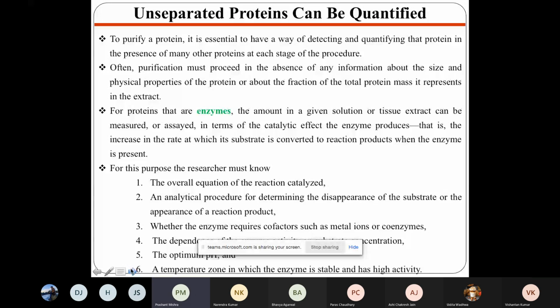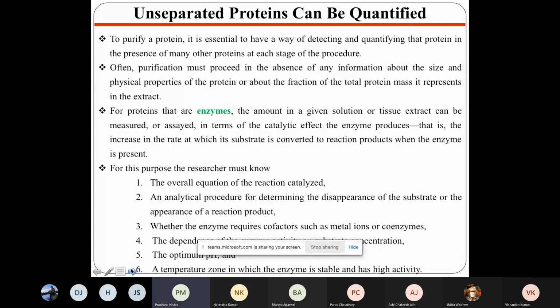At what spectrum or what wavelength do we measure the protein? 280 nanometer. Yeah, at 280 nanometer, because it is assumed that most of the proteins will have either tryptophan or tyrosine, which absorbs at 280 nanometer. So if I take the absorbance at 280 nanometer, we can estimate the concentration of the protein.